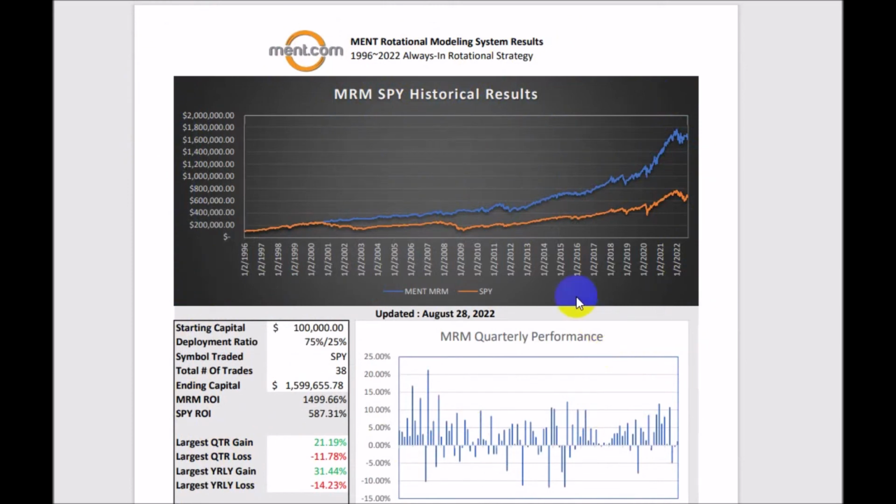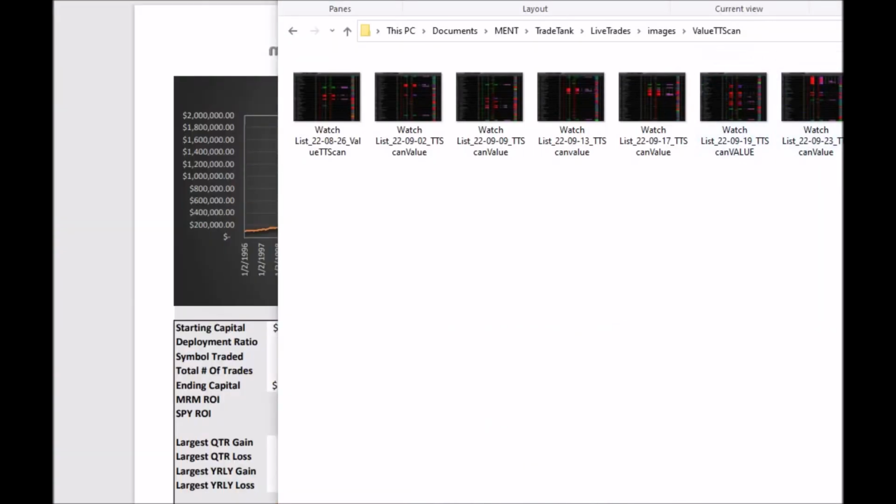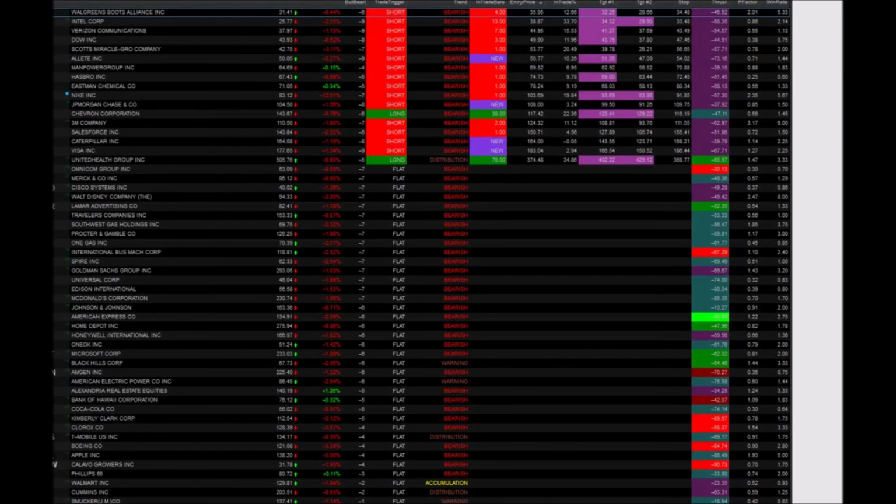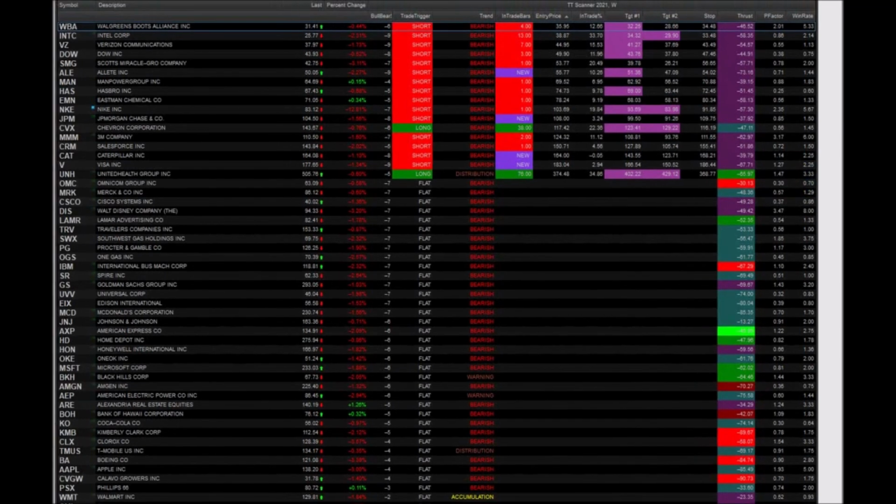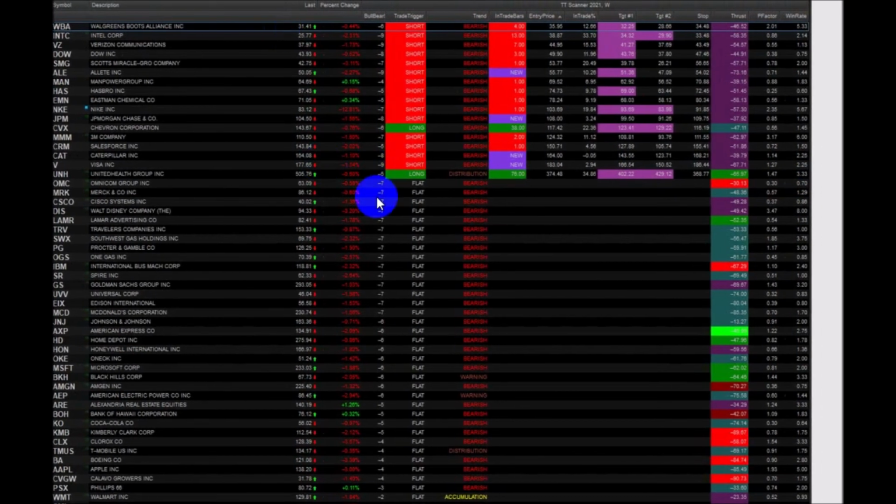Then, as you move down into your trading accounts, you should be using the TTScanner for the next phase of your allocation.